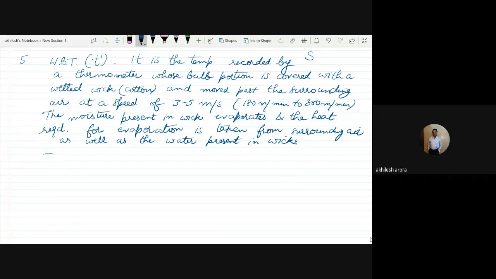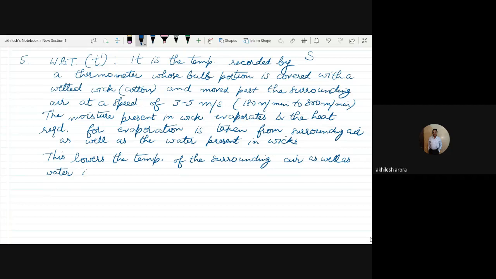This lowers the temperature of the surrounding air as well as water in the wick.